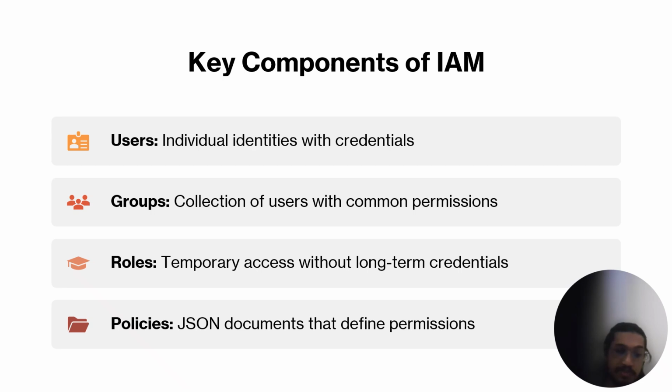Roles are temporary identities, often used by services like EC2 or Lambda to access other AWS resources securely. And last but not least, policies are the actual rules that decide what is allowed or denied. You can think of policies as a permissions list attached to users, groups, or roles.